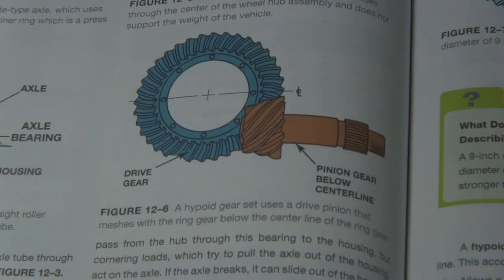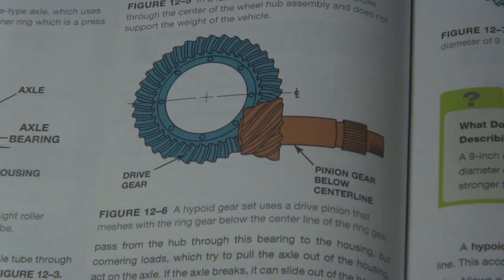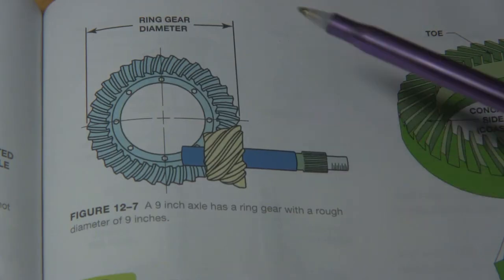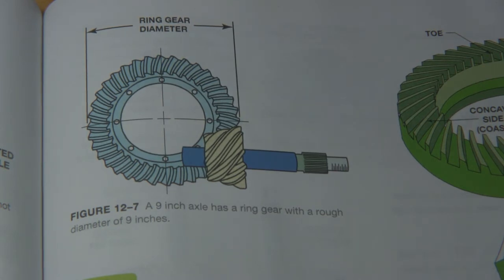These components in and of themselves are not the differential. The ring gear and the pinion gear are simply the power transfer in to the axle. The unique design of these gears allows for power to be transferred at 90-degree angles.